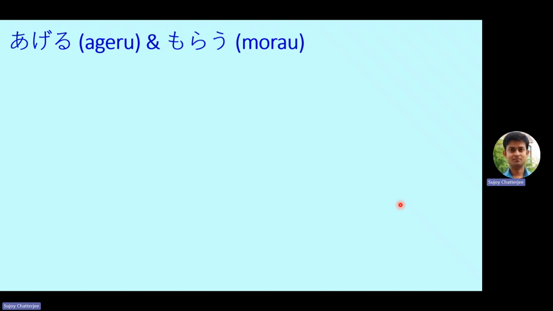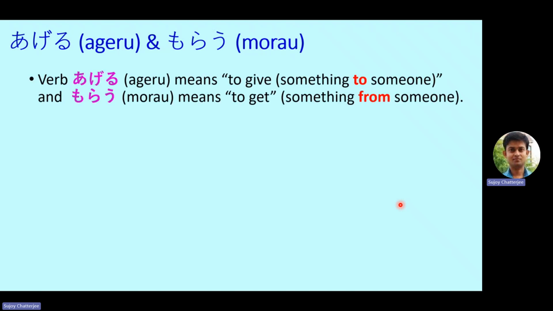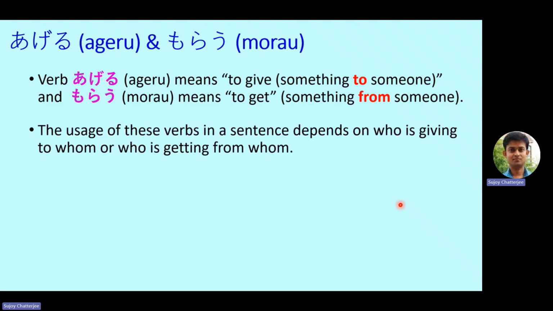Verbs ageru and morau. The verb ageru means to give something to someone, and morau means to get something from someone. The usage of these verbs in a sentence depends on who is giving to whom and who is getting from whom. This is very important, because both of these verbs are used for the subject of the sentence.